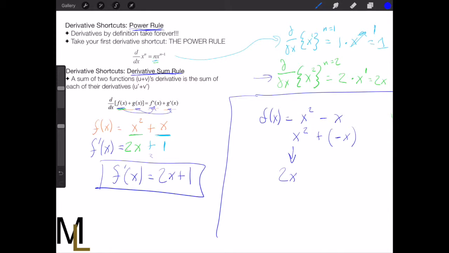But for the derivative of this negative x, you can follow the same formula, but the negative just stays there. So you get minus, and then you still get the derivative, so you get minus 1. So in this case, you get something like this.